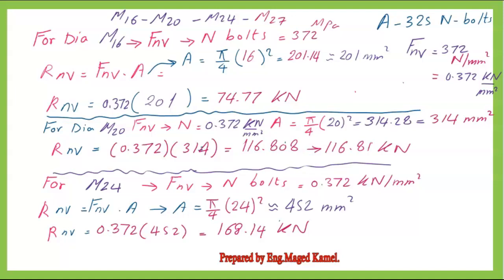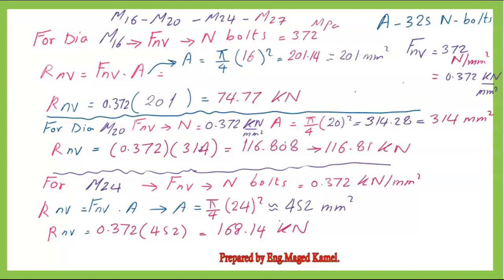The area of M20 is equal to 314 millimeter square. Multiply 0.372 by 314. The nominal shear value for M20 bolt is equal to 116.81 kilonewton.